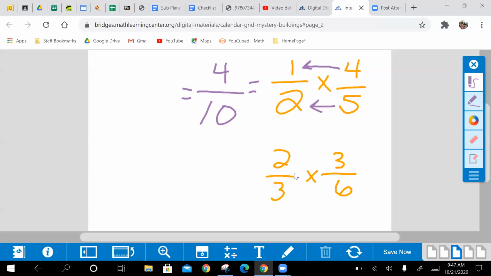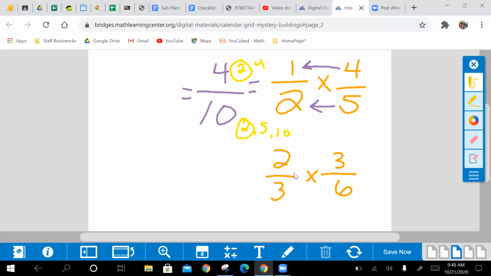So for the top number, we know that we can divide 4 by 2 and that we can divide 4 by 4. For 10, we know that we can divide it by 2 and 5, and then obviously 10. Okay, so then you find what numbers are the same on the top and the bottom.